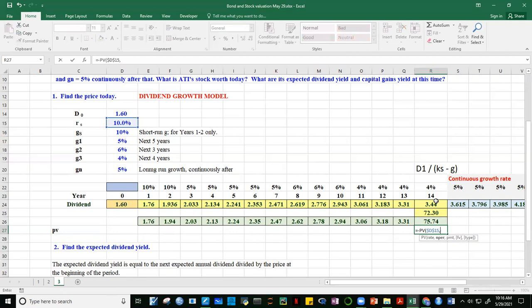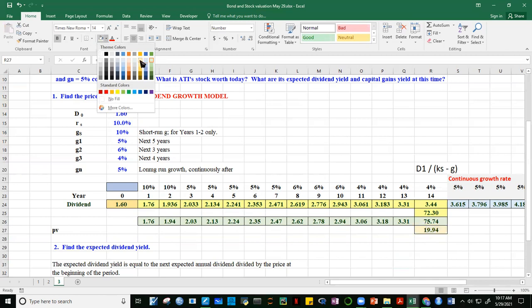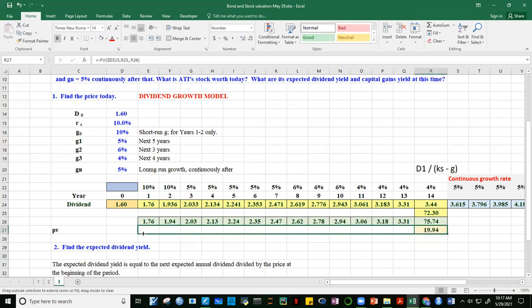N per is 14. We have no PMT. Our future value is this amount. Control Enter.